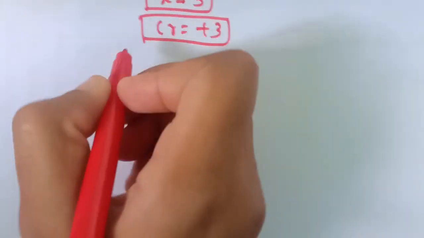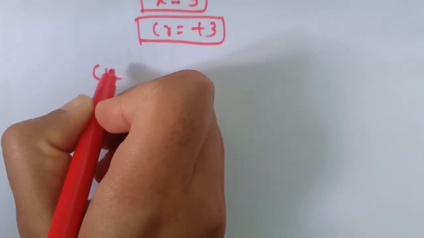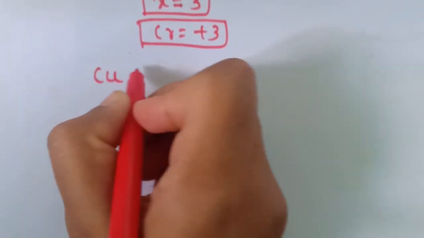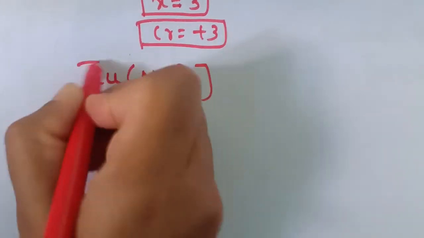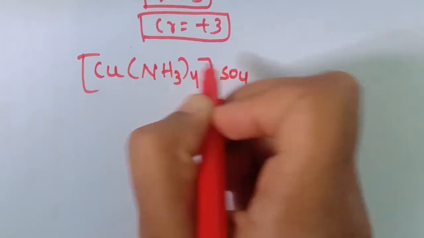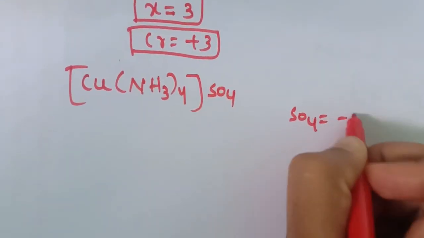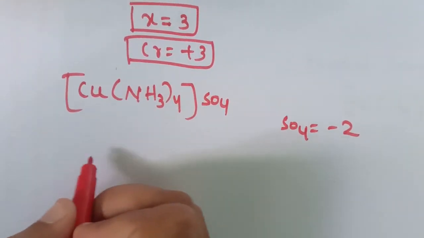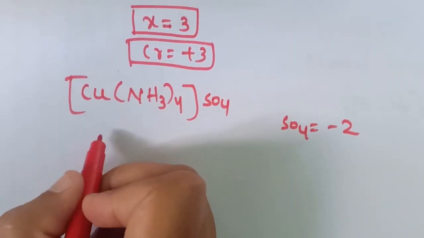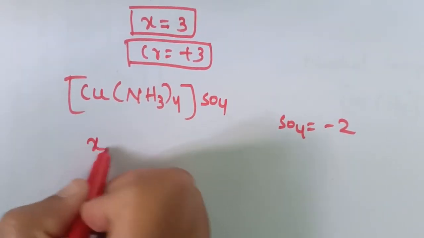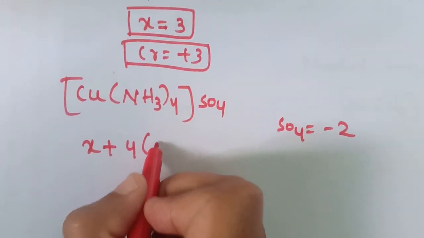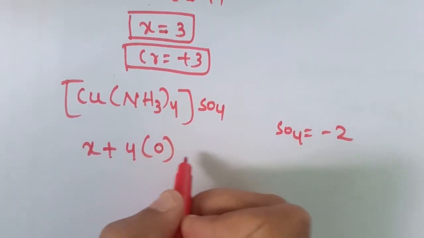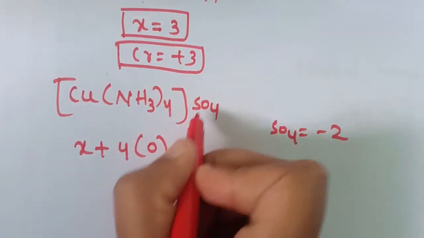Consider another example, coordination compounds having negative counter ions, that is [Cu(NH3)4]SO4. Here SO4 will have minus 2, and here we don't know the oxidation number of Cu. Let's keep it as X plus 4 into 0, since the oxidation number of NH3 is 0, equals plus 2.